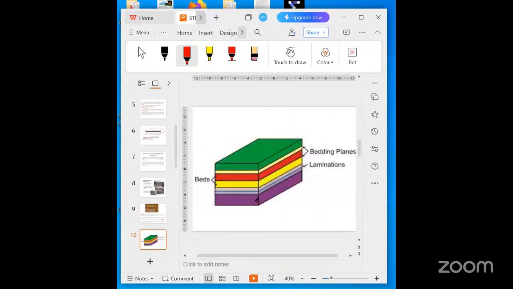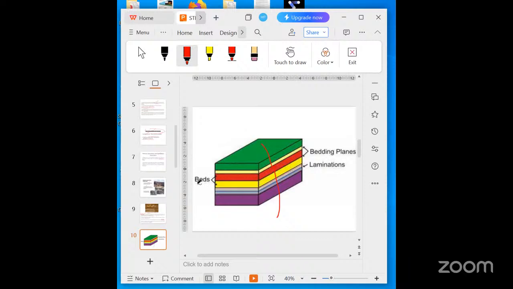Now you see layering. It is developed in rocks due to what reason? Due to the deposition of sediments and rock materials or minerals, right? The deposition of sediments one over another in a basin results in layered or sedimentary rocks, right? So what is a bed?